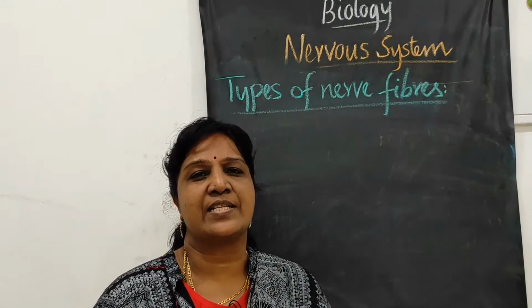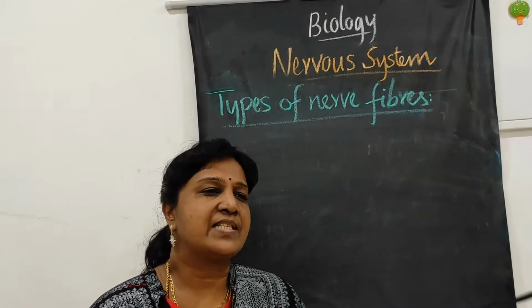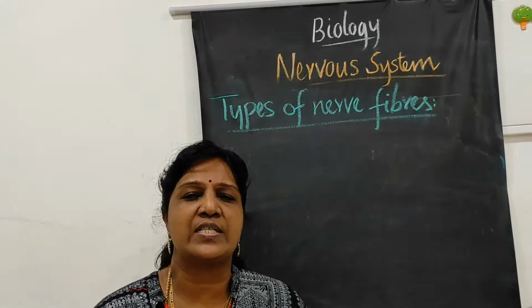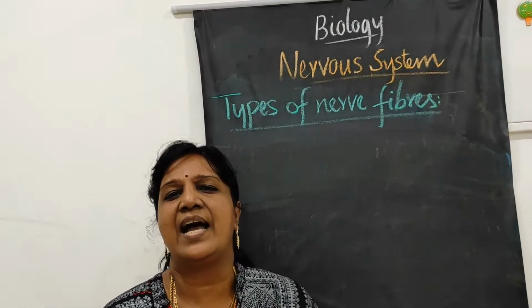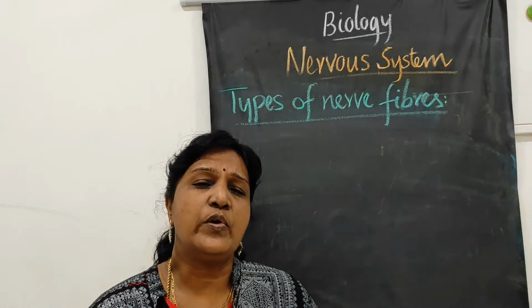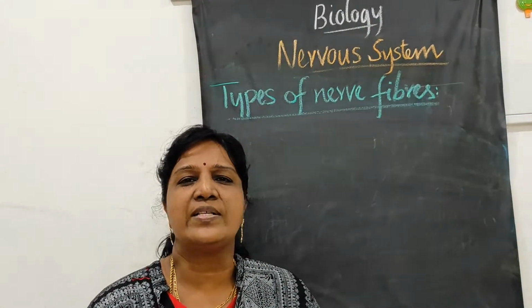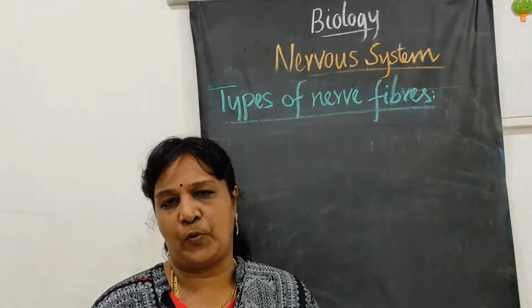Good morning, students. Already in the previous video, we have seen the types of neurons based on structure and function. So, what are unipolar neurons? Unipolar neurons have a single process.